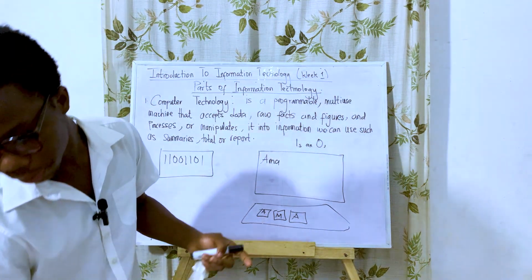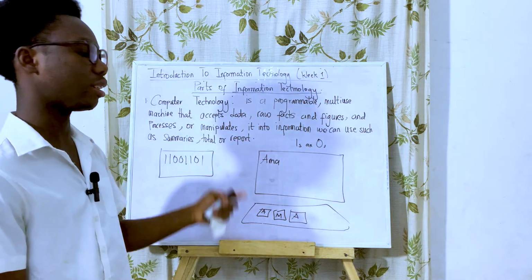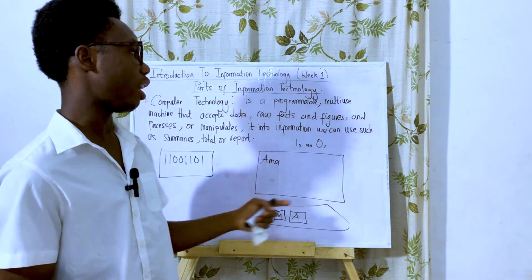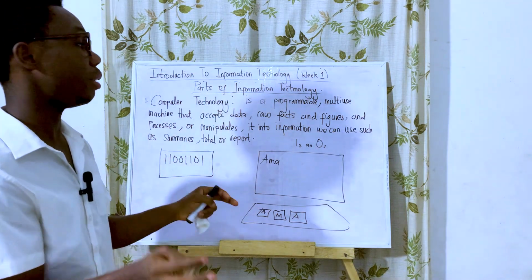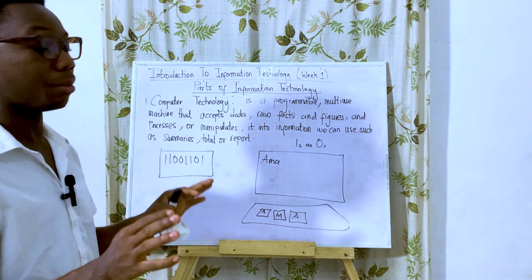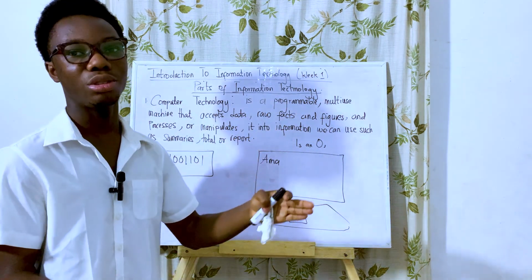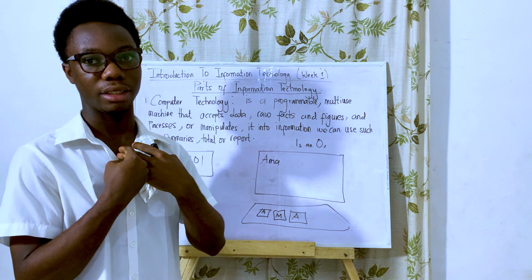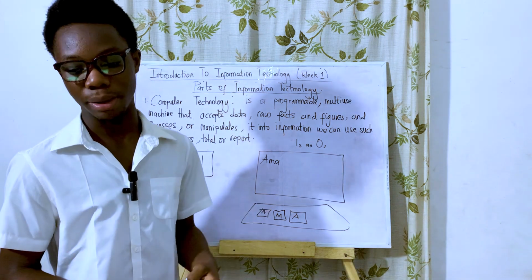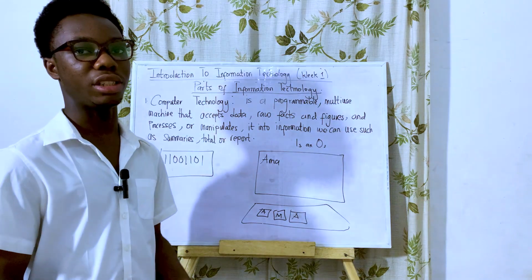Then also produces information, right? So I've explained this definition very simply, I've made it simple for you to understand. After all this, you are going to get feedback. So that is what we mean by computer technology.